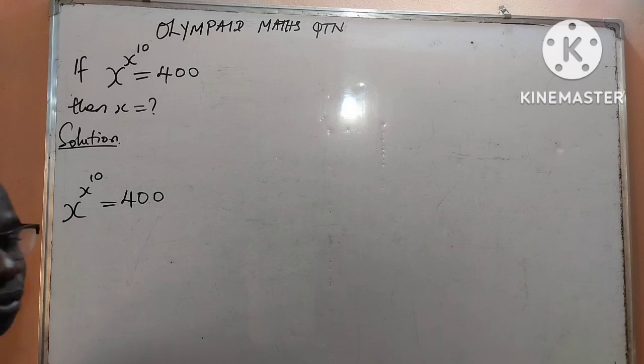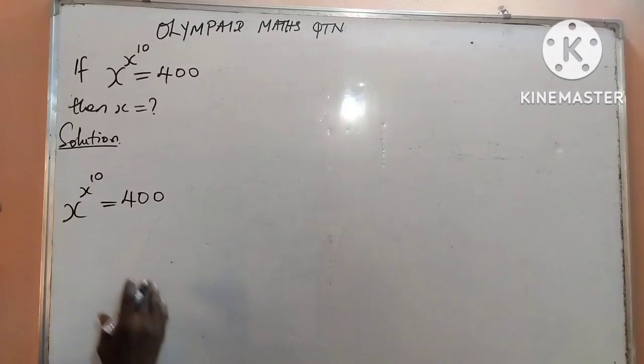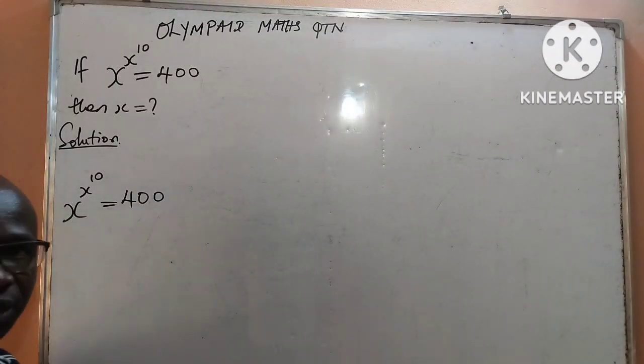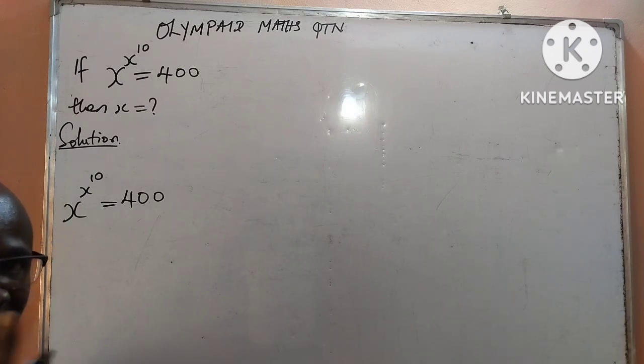The first thing I want to do is multiply both sides of the equation by power 10. In other words, I want to multiply the exponent by 10.